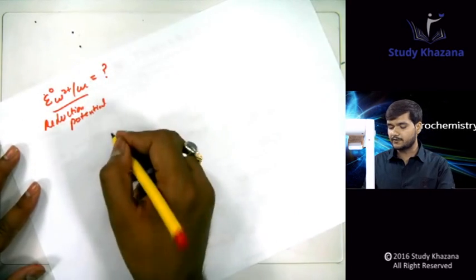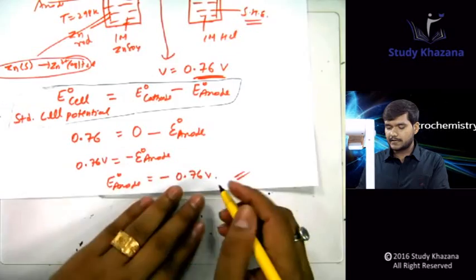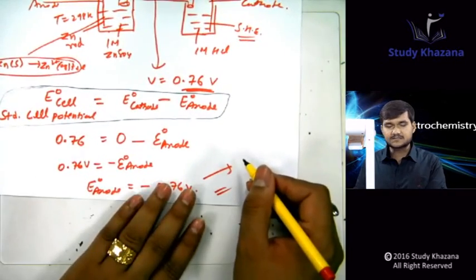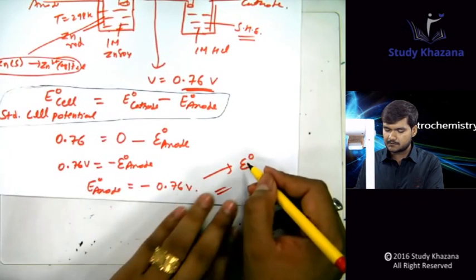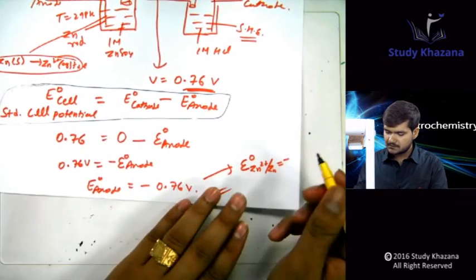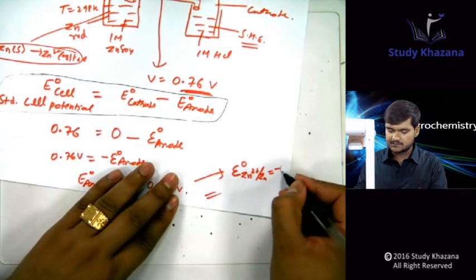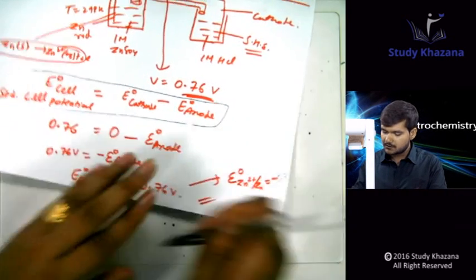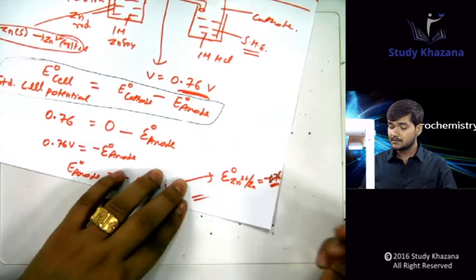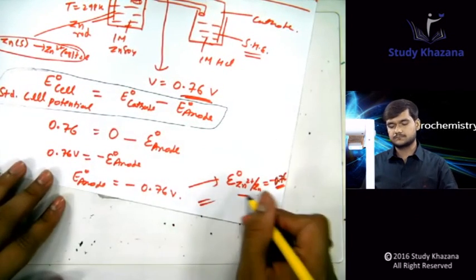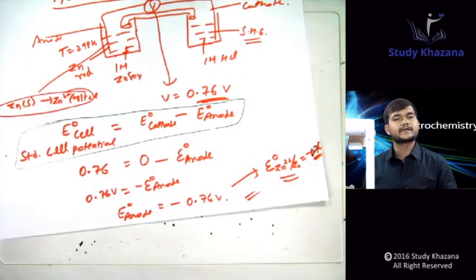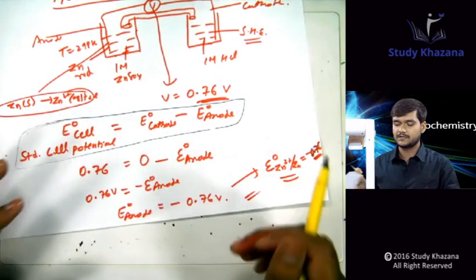Although oxidation occurs at the anode, when I write this zinc 2 plus to Zn value as minus 0.76, I am writing the reduction potential. Why, when oxidation occurs at zinc, am I writing the reduction potential? I will tell you later.